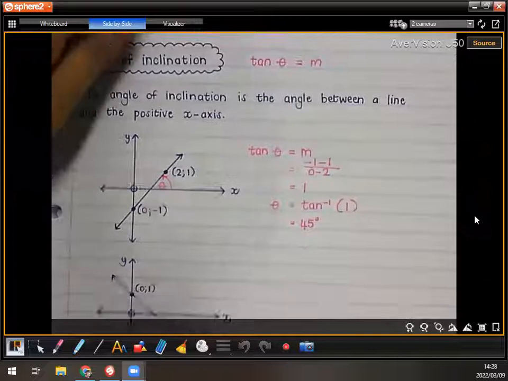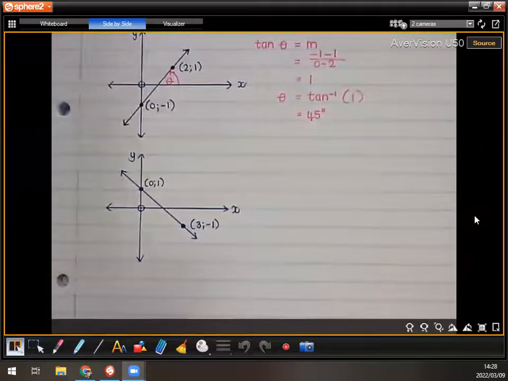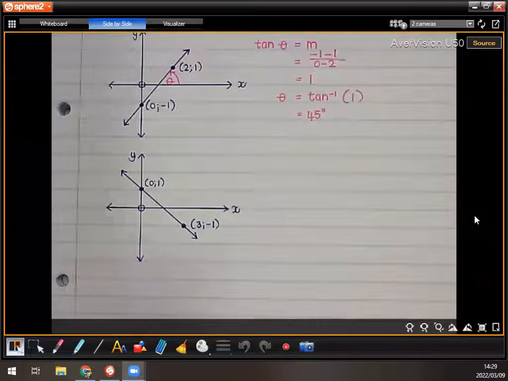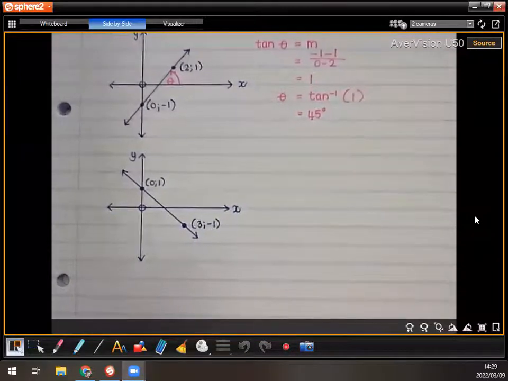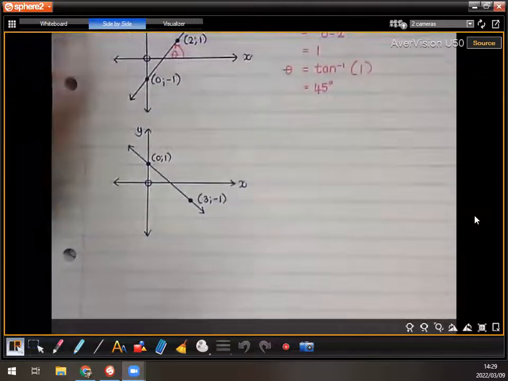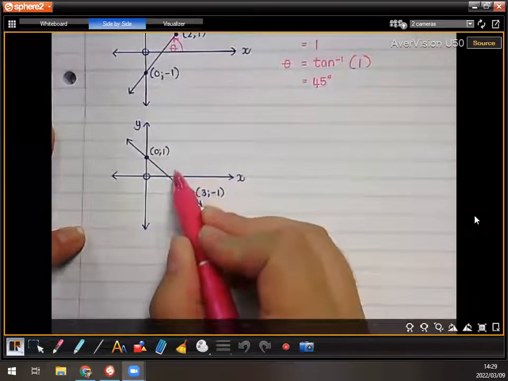Next example, I'm going to move down so that you can copy down the next diagram. I'm going to show the angle of inclination here.